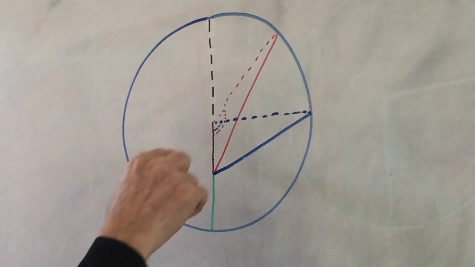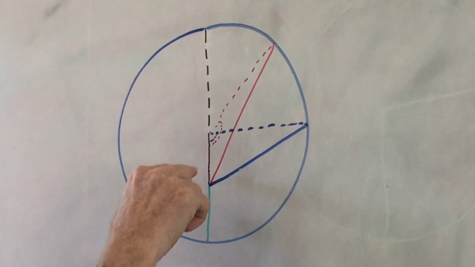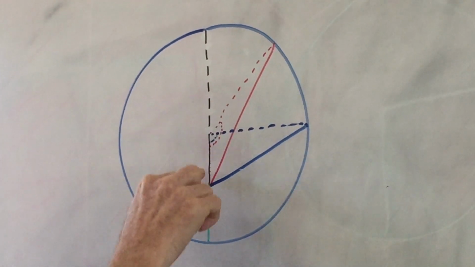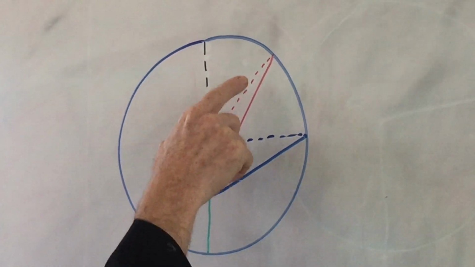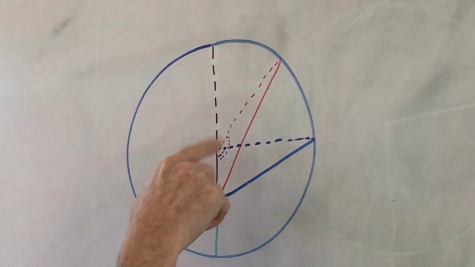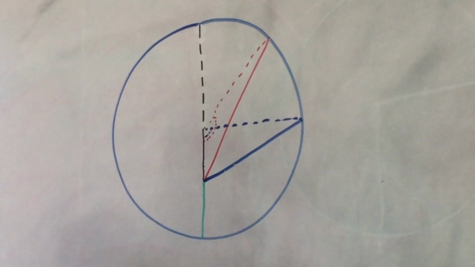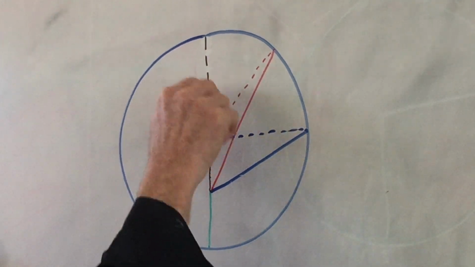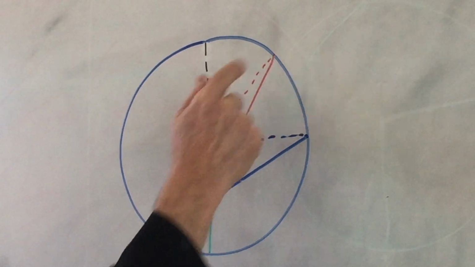Look at this triangle here. Two sides taken together are greater than the third side. So this side plus this side are going to be greater than this side in this triangle. But this is equal to this because they're radii of the same circle coming from the center.